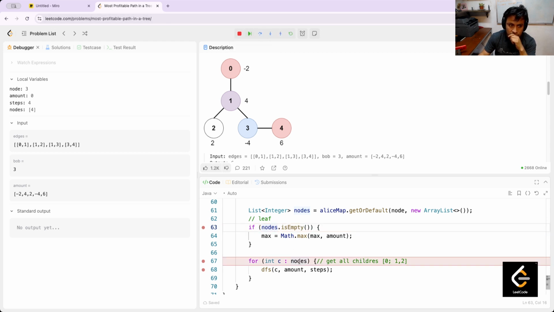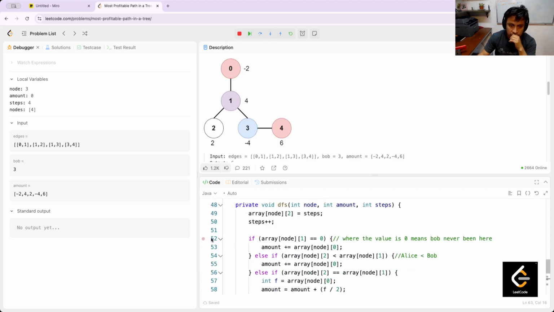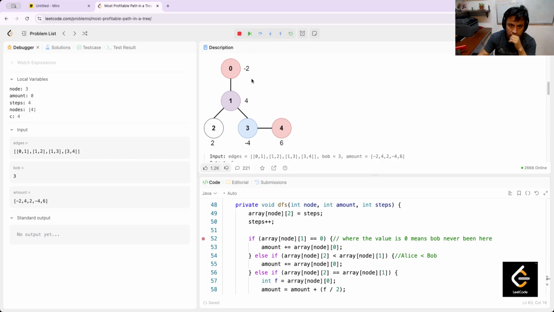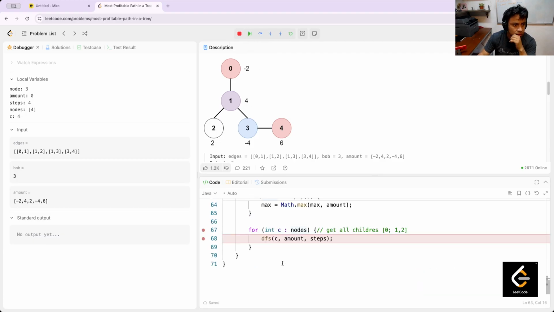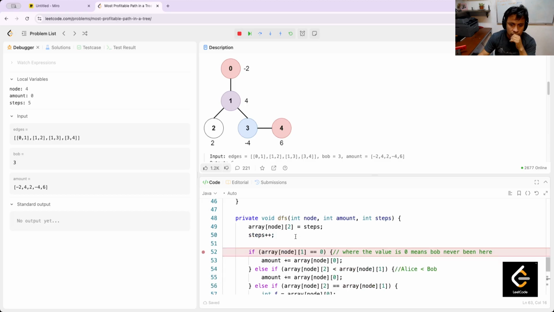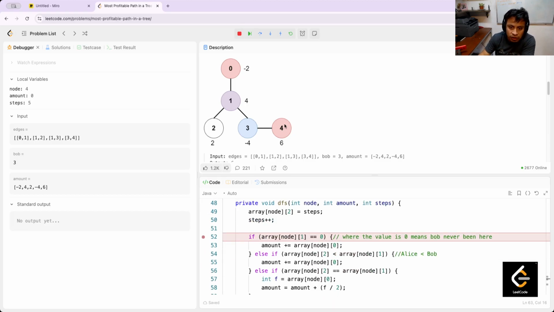Now this is 4. And now the node is 4. Here something happens. Now I am here. Node is 4. Is this? And I am asking, the array in this node is 0?